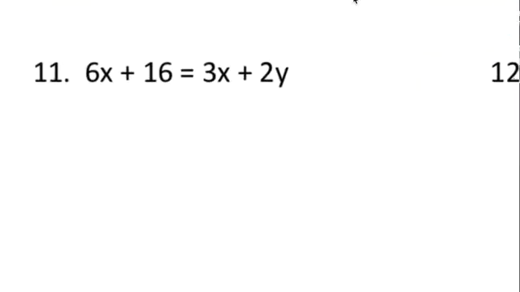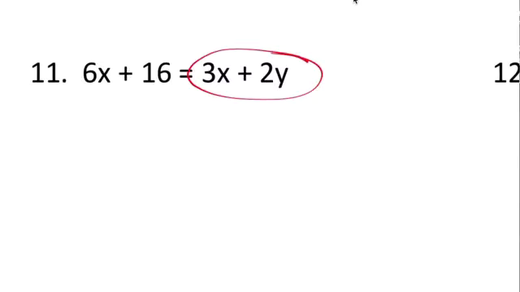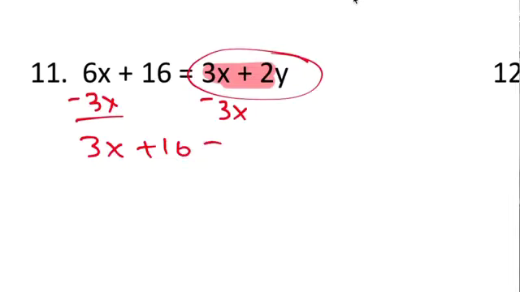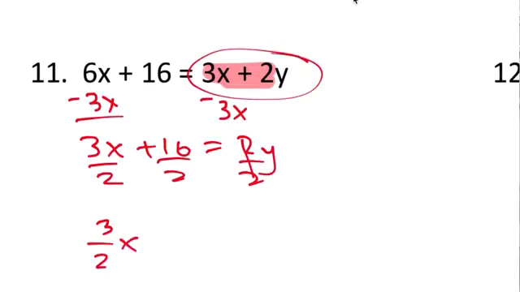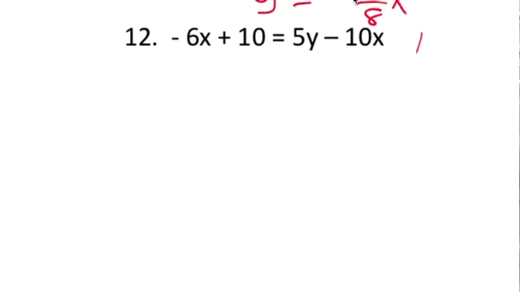Let's see. I'll do this one here. These two are on the wrong side. Minus 3x. Then divide by 2. 3 over 2x plus 8 equals y. Okay, and then you do the other ones.